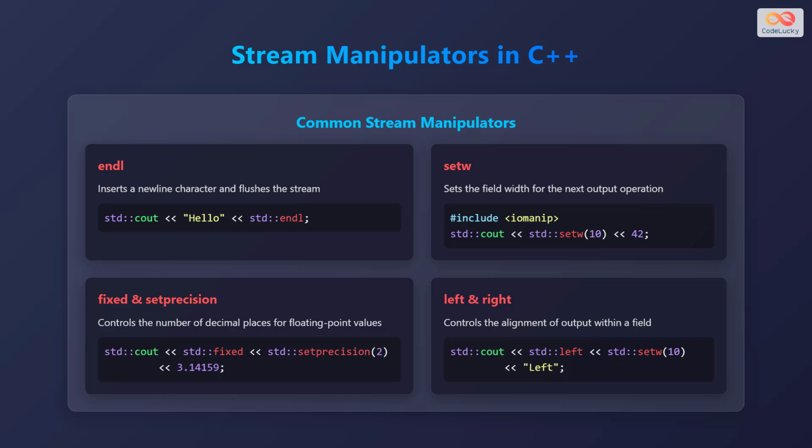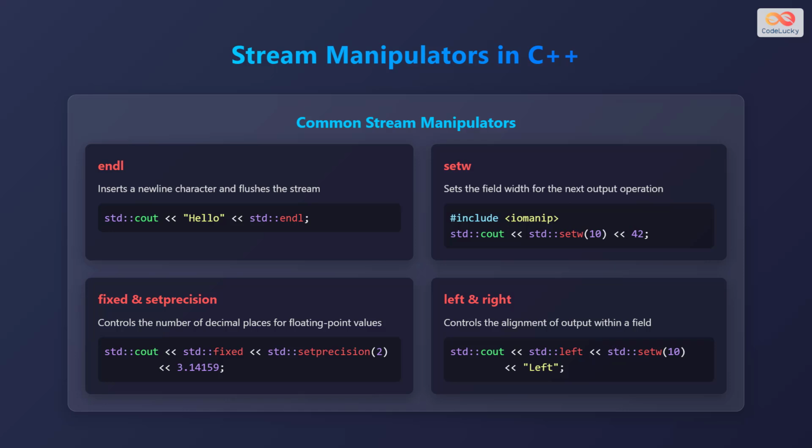Next we have setw. This sets the field width for the next output operation. Make sure to include the iomanip library. For example, std::cout << std::setw(10) << 42. Then we have fixed and setprecision. These control the number of decimal places for floating point values.